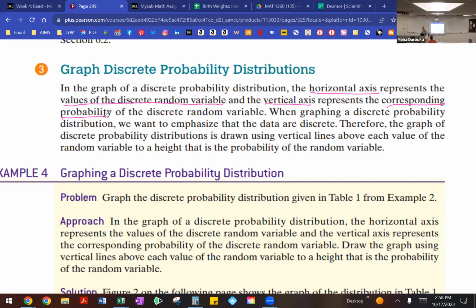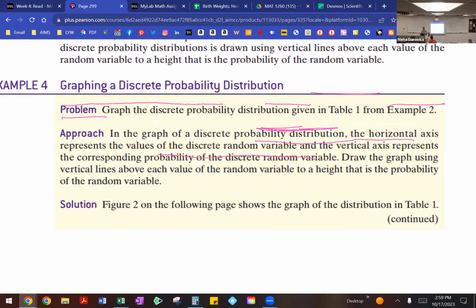Now, because we know our data is discrete, when you are graphing these discrete probability distributions, guys, you are going to be using vertical lines above each value. And of course, the height will be based on what the probability for your random variable is. So you are literally going to be using vertical lines to draw your graph.